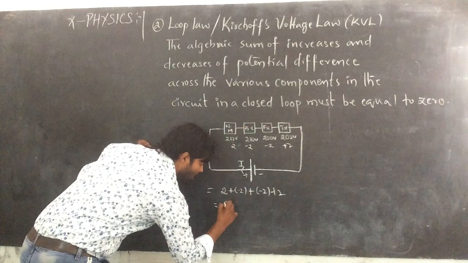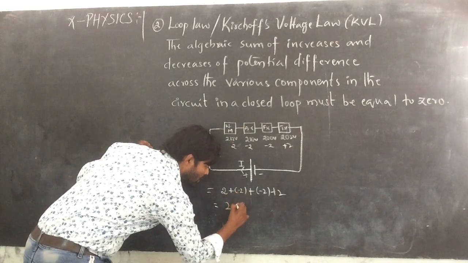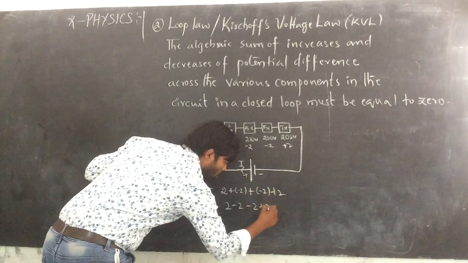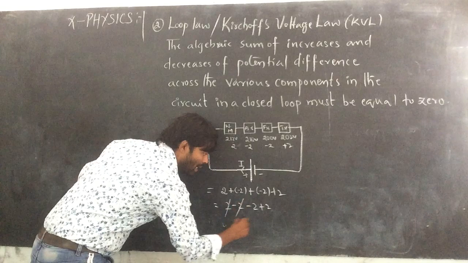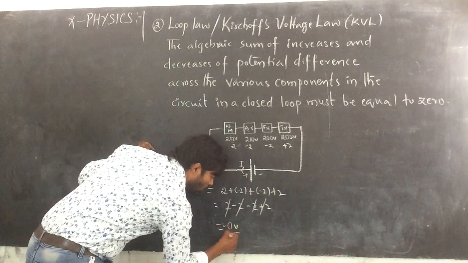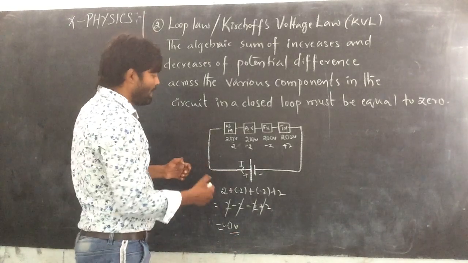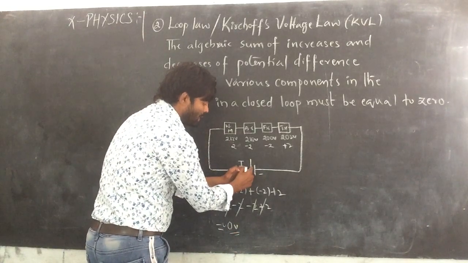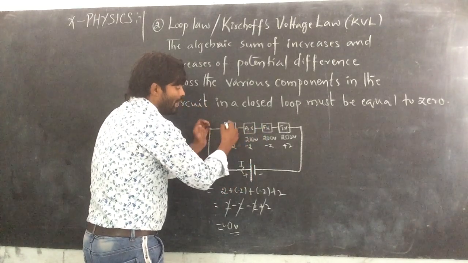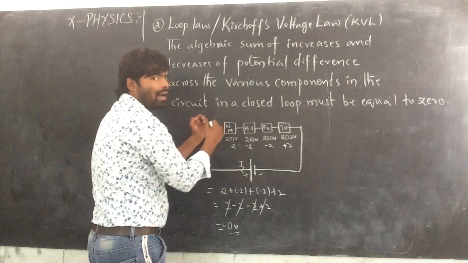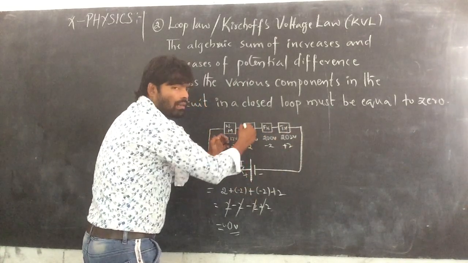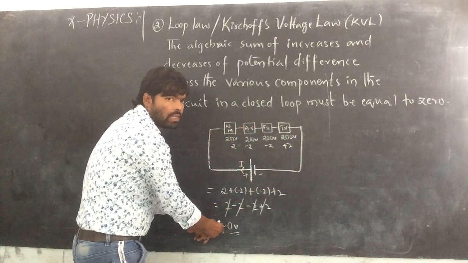So let us sum: plus 2, minus 2, minus 2, plus 2. It is equal to 0 voltage. It means that when we calculate the increase and decrease of potential difference around the circuit, all those differences must be equal to 0.